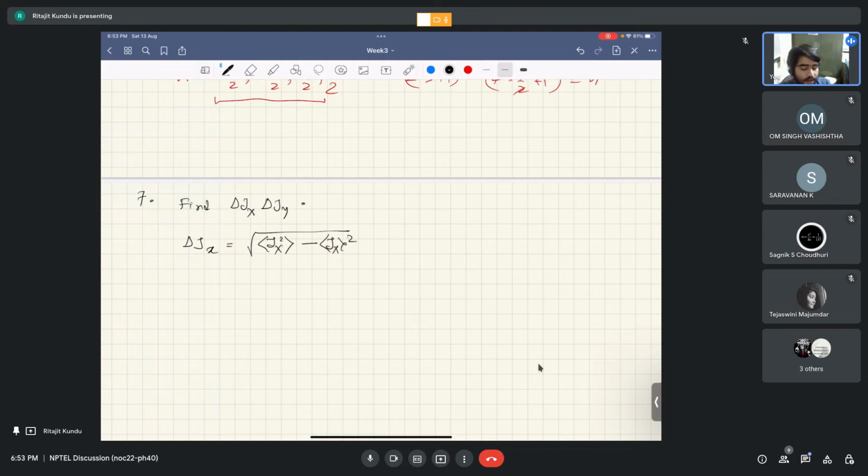This is delta Jx. To calculate it, let's first look at the Jx average. Any idea how I should approach this? From where should we start attacking this problem?